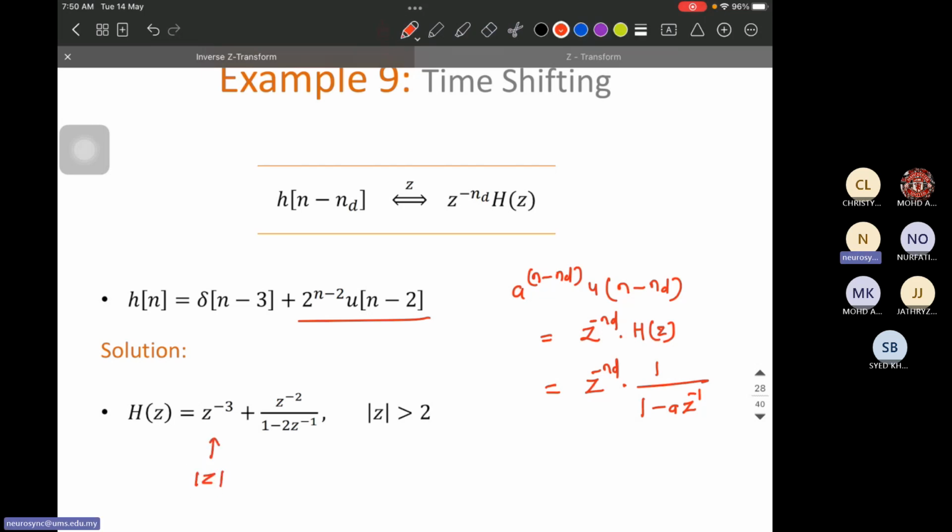The ROC is modulus of z greater than 0. And for this function, the ROC is modulus of z greater than 2. So what will be the intersection of these? The final ROC is modulus of z greater than 2.